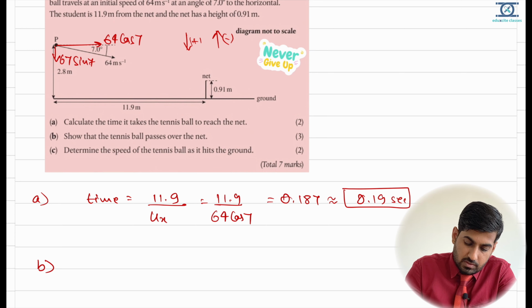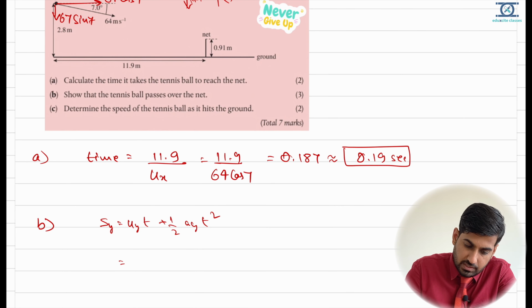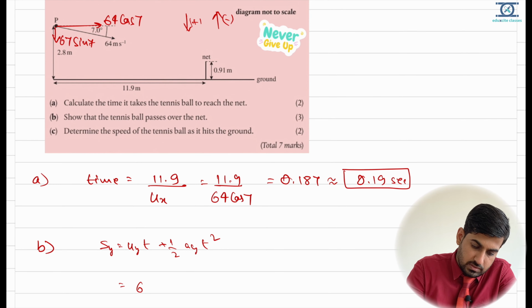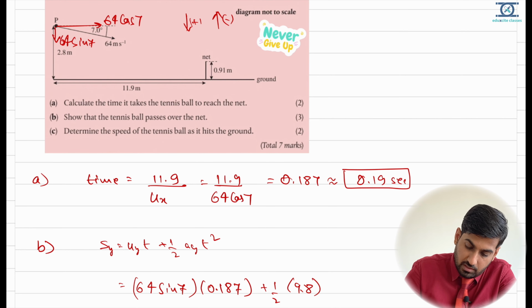So I will use Sy equals Uy t plus half Ay t squared. Now I have to find Sy. Uy is 64 sine 7, times 0.187, plus half times 9.8 times 0.187 squared.